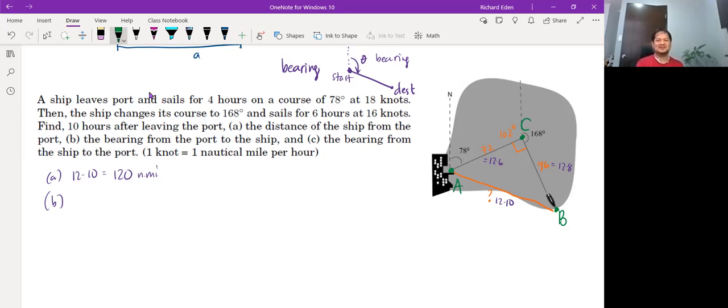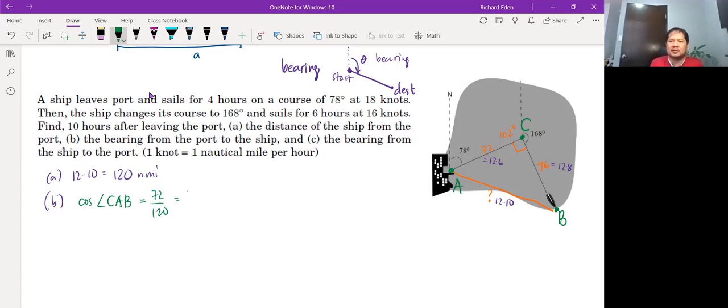I just found out. Okay, 96 over, so let's find cosine CAB. What's cosine CAB? 72 over 120. 3/5.